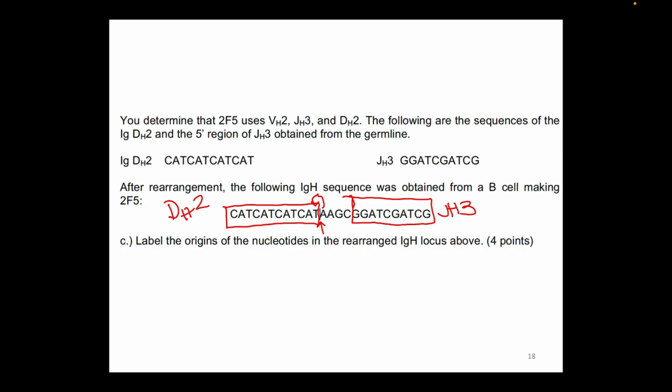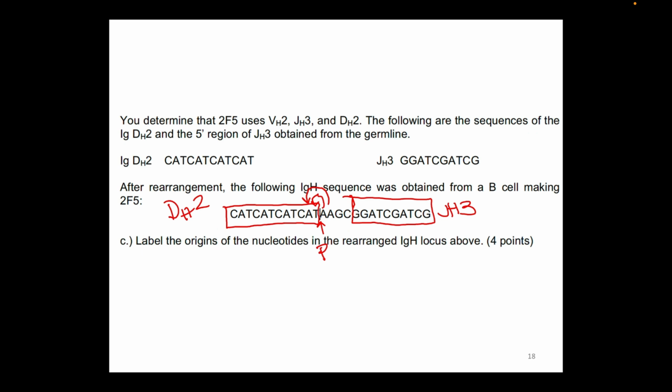That's totally possible. A does bind with T, and so that base pair could be a P nucleotide. We can then move on to the next A. If that A had been a P nucleotide, it would have been bound to this A on the DH2 segment. That's not right. A doesn't go with A, so that can't possibly have been a P nucleotide on that side.